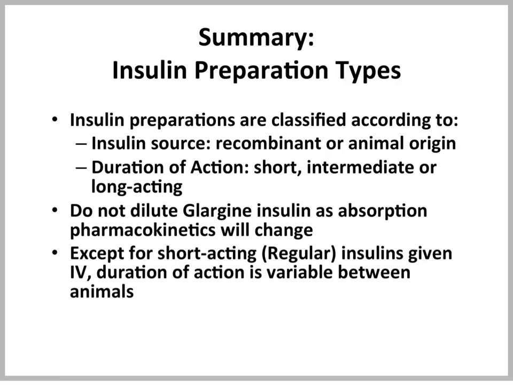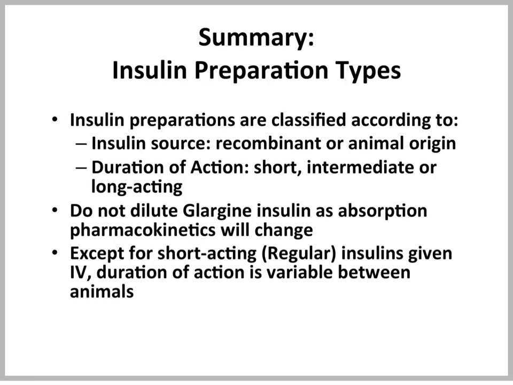So in summary, when we talk about insulin preparation types, we can say that insulin preparations are classified according to insulin source. So we either have recombinant or animal origin insulins. The duration of action: short, intermediate, or long-acting insulins.